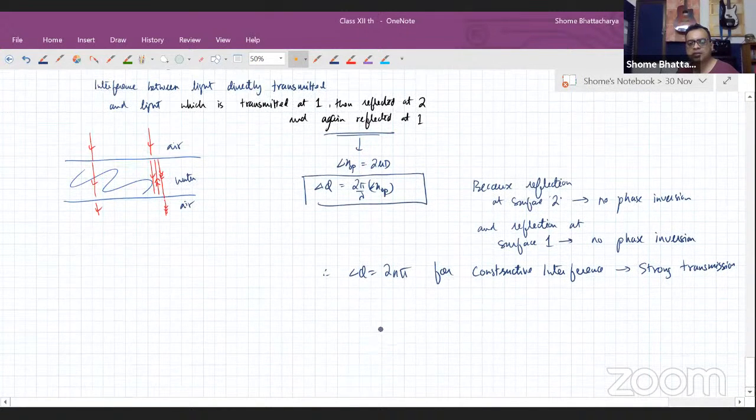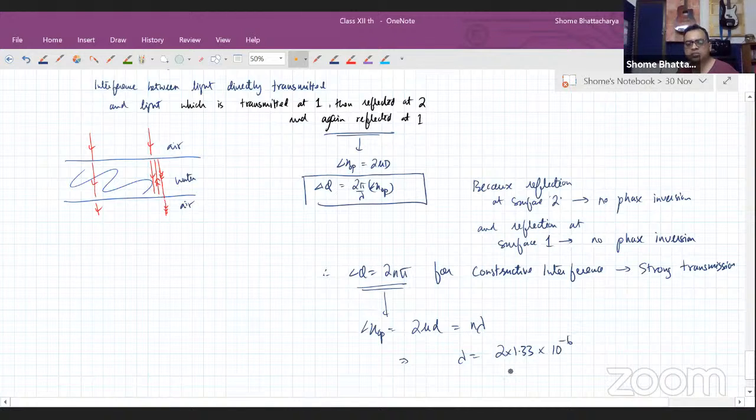this delta x optical, which is 2 times mu d, should be equal to n lambda. So the wavelength should be in this region, 2 times 1.33 into 10 raised to minus 6 divided by n.